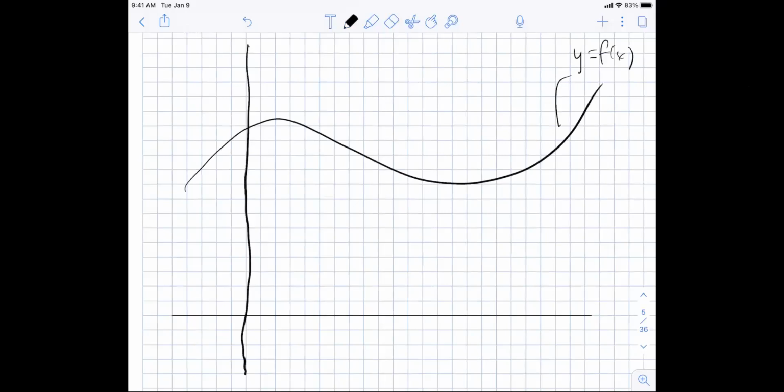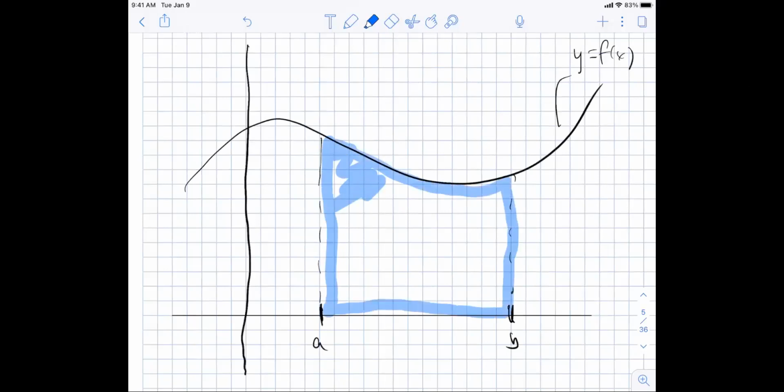What we're trying to do is find the area underneath this curve and above the x-axis.